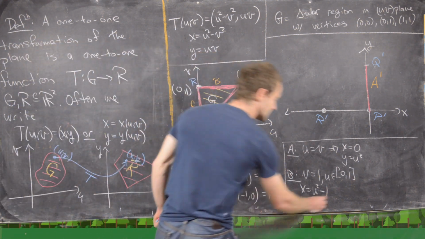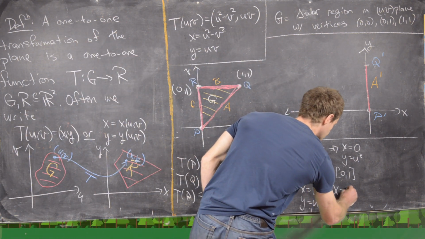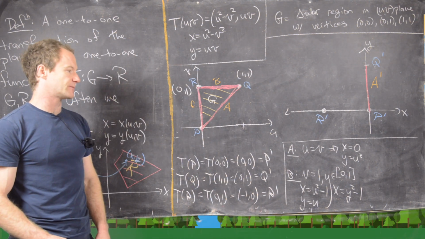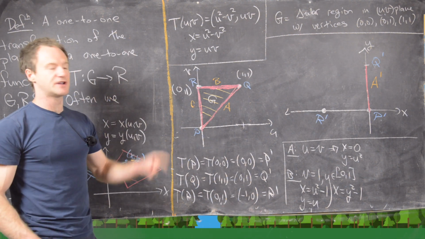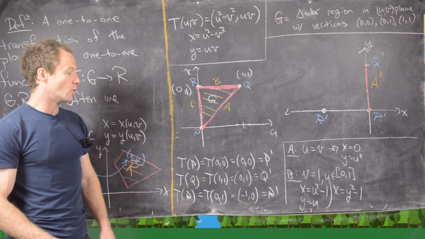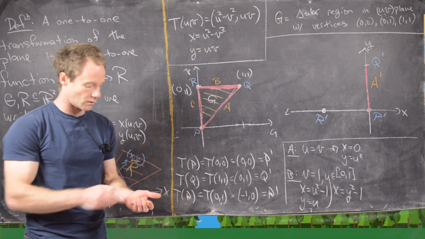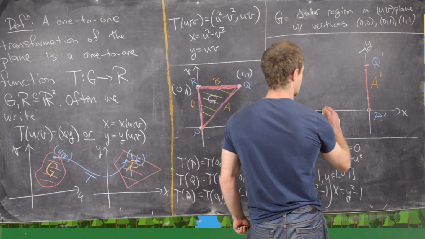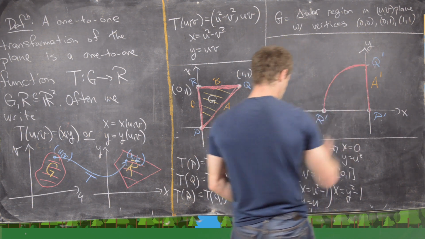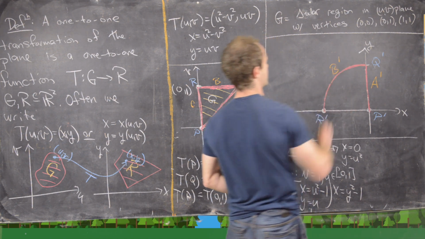But now notice we can eliminate the parameter there, and what we'll see is that this is just x equals y squared minus 1, which is going to be a sideways facing parabola that's been shifted to the left by 1 unit. And another thing that we can see is that y will always be positive because y is equal to u, and u goes from 0 to 1. So what that tells us is that we get this top half of this sideways facing parabola. So that is our curve B prime.